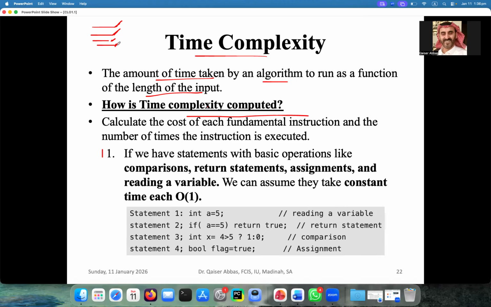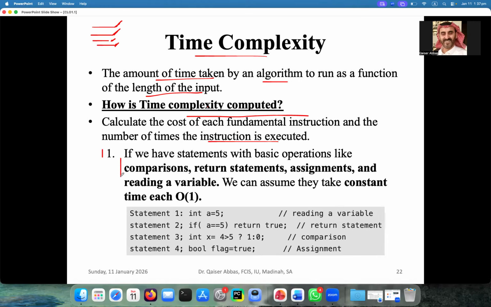For example, there is some statement under a loop, and the loop is executing 50 times. If that statement has cost 1, then since the loop is executing 50 times, you have to add 1 plus 1 plus 1, that 1, 50 times. You have to calculate the cost according to the number of times the instruction is executed.